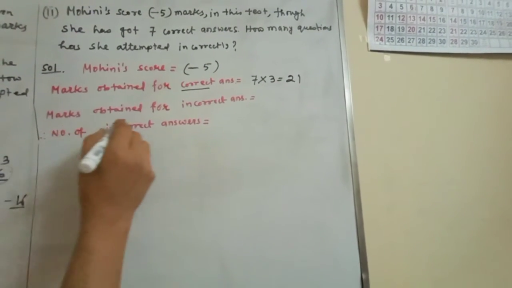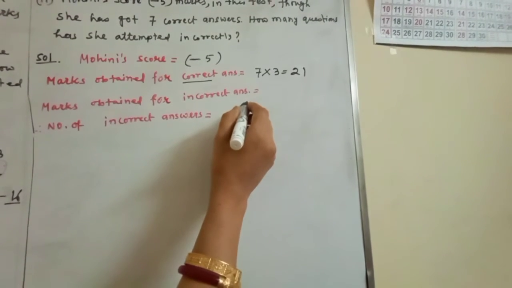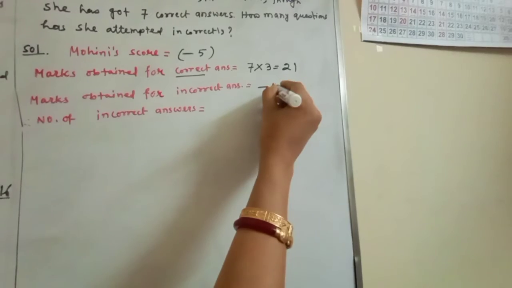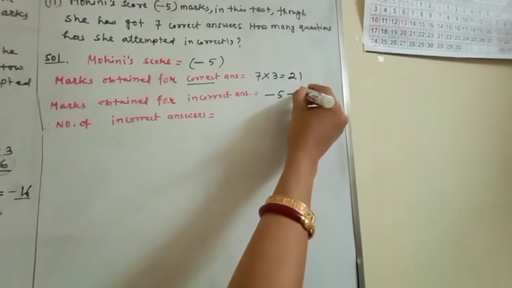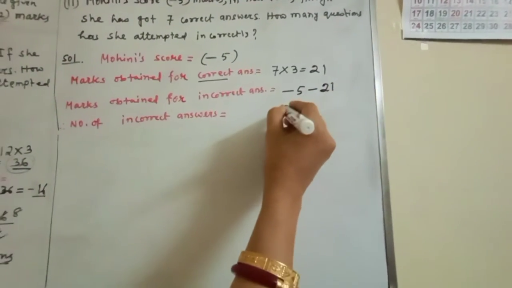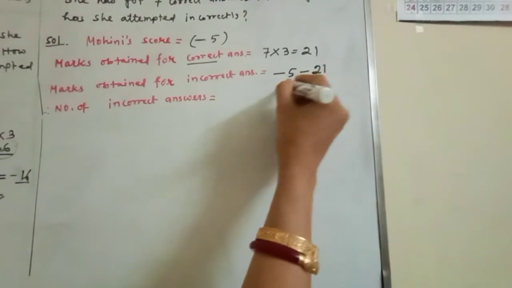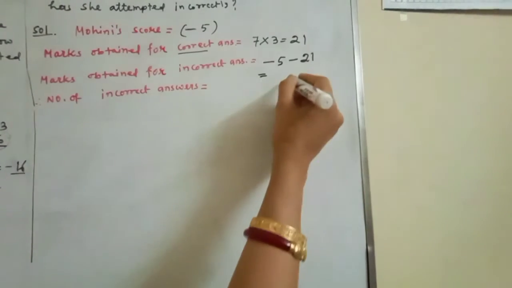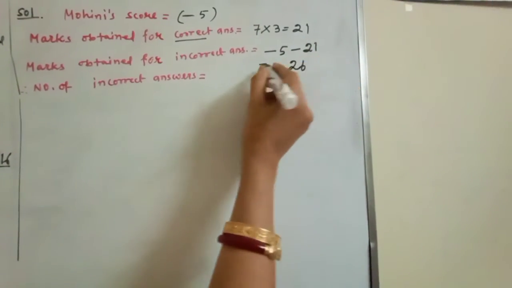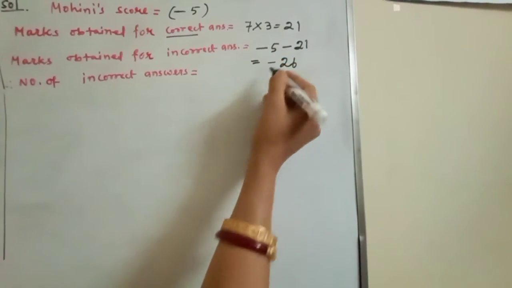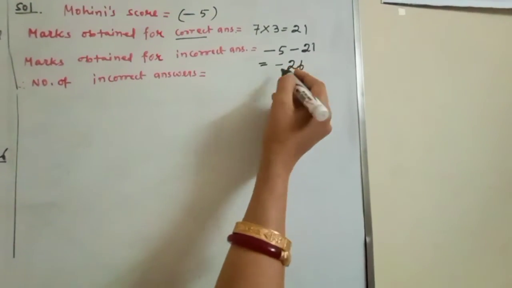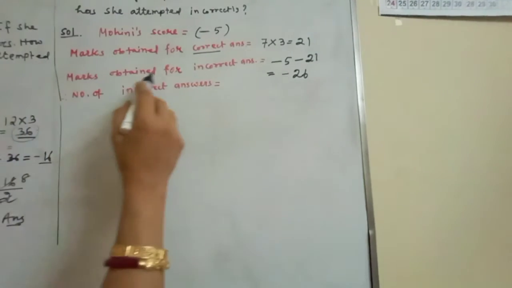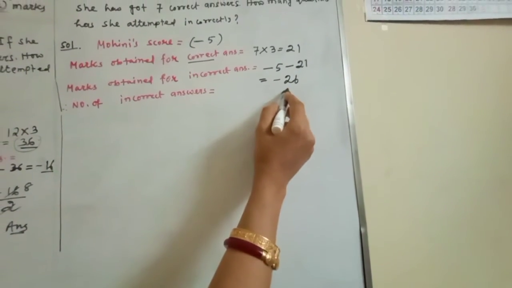That means the marks obtained for incorrect answers: from the final marks, if you subtract this, what will be the result? Both are the same sign, so you have to add them, and you will get 26. The sign is negative, so the marks obtained for incorrect answers is minus 26.